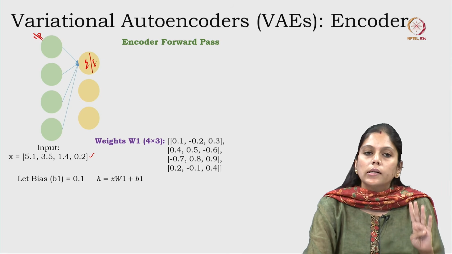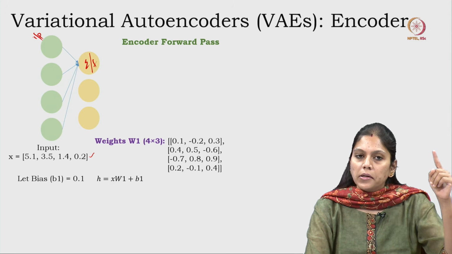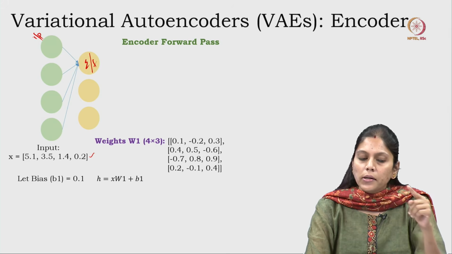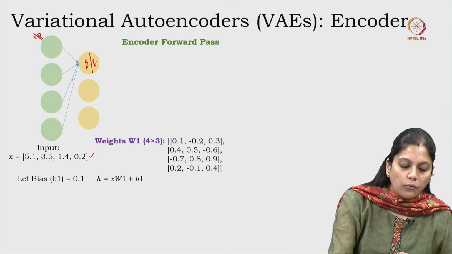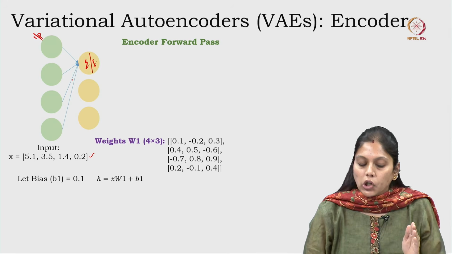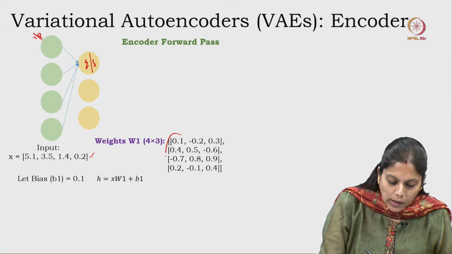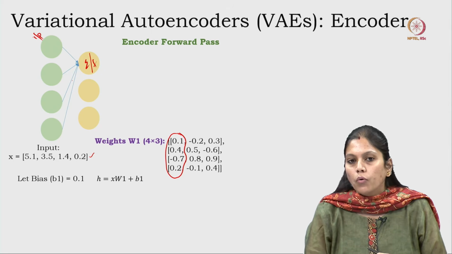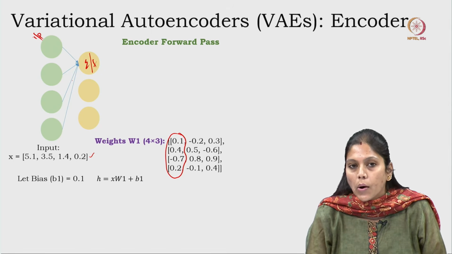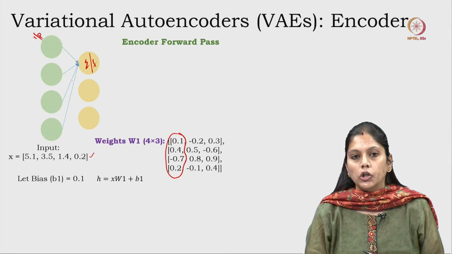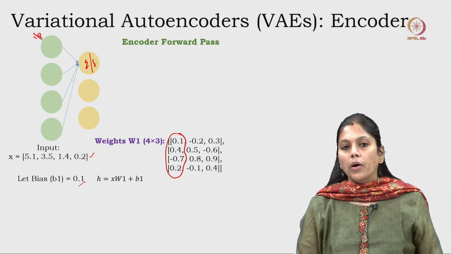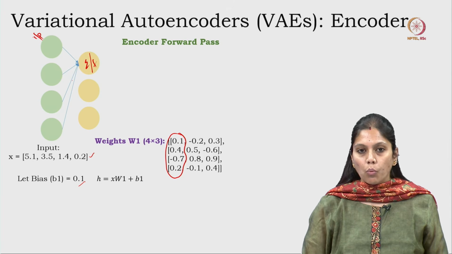There are 4 such connections, from the first input to the first hidden neuron, the second input, the third input, and the fourth. These are the 4 weights placed on each connection, and we have a bias term; the bias value we have used here is 0.1.